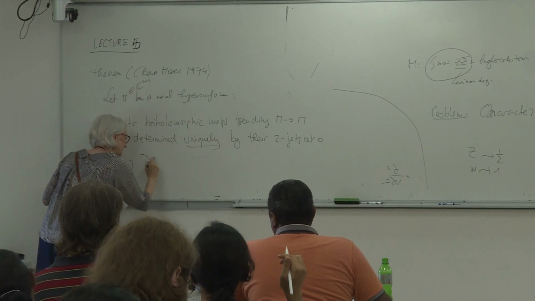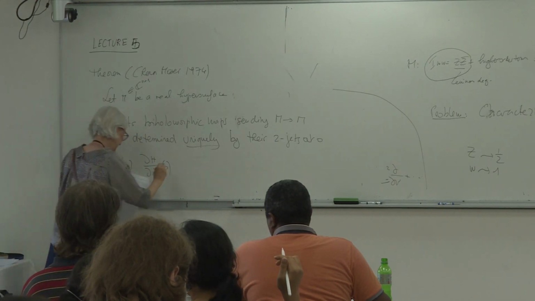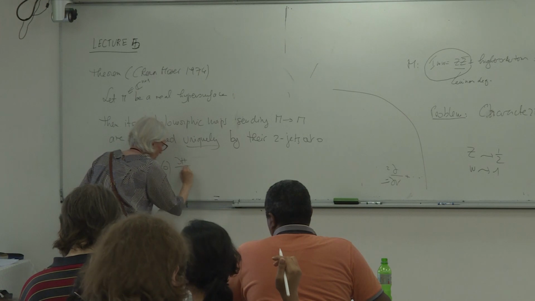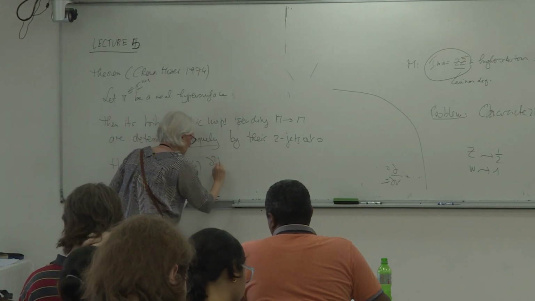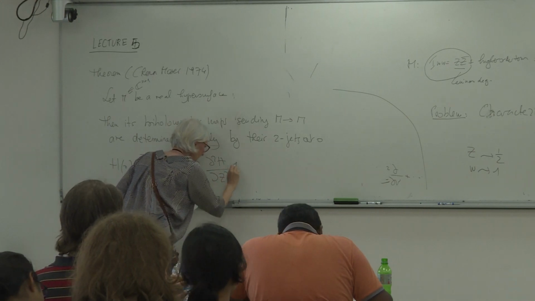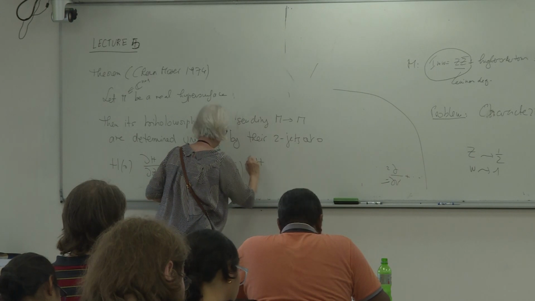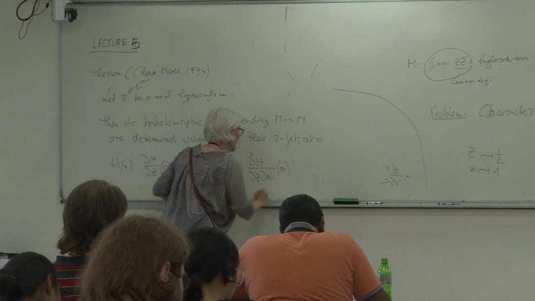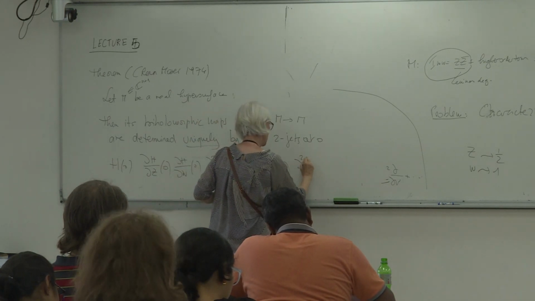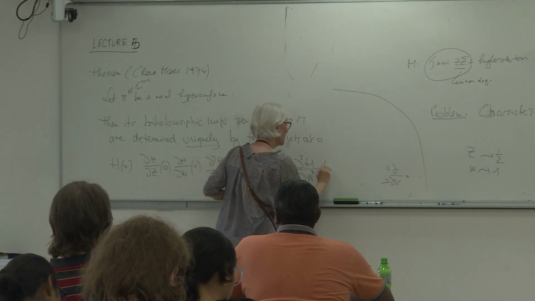You need dh over dz at 0, dh over dw at 0, d square h over dz square at 0. What else? Yeah, now you understand. And d square h over dw square.